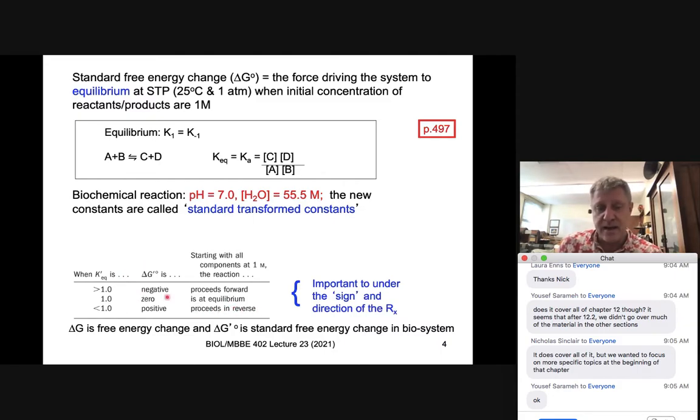If we see a negative delta G, we're going to see the reaction proceeding in the forward direction, with a matched Keq number here, which is going to be greater than 1.